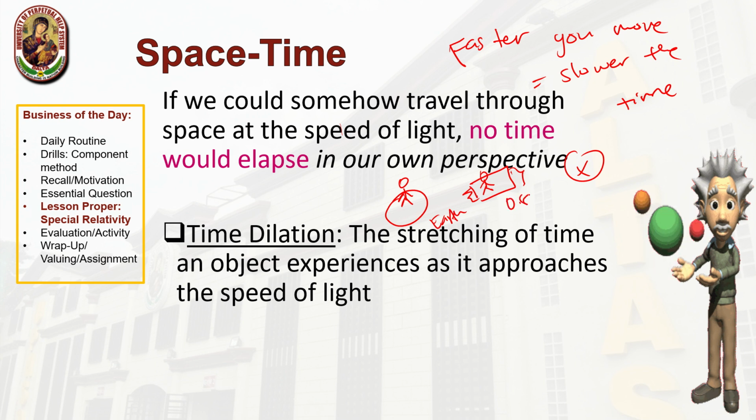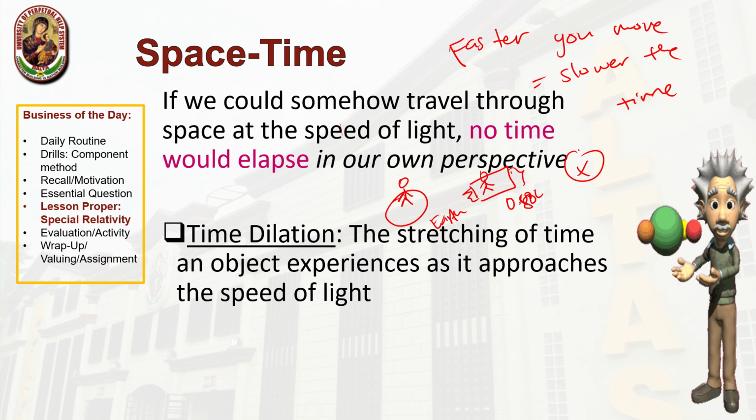Let's say 80% the speed of light. What will be the application of time dilation in this case? How do we apply time dilation in this scenario?